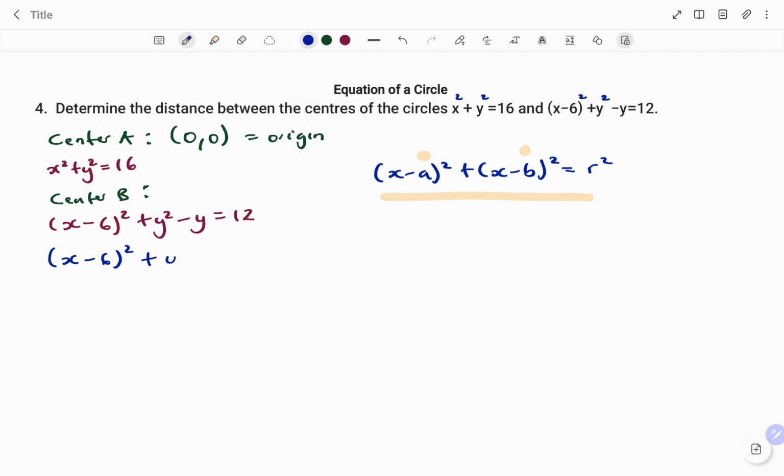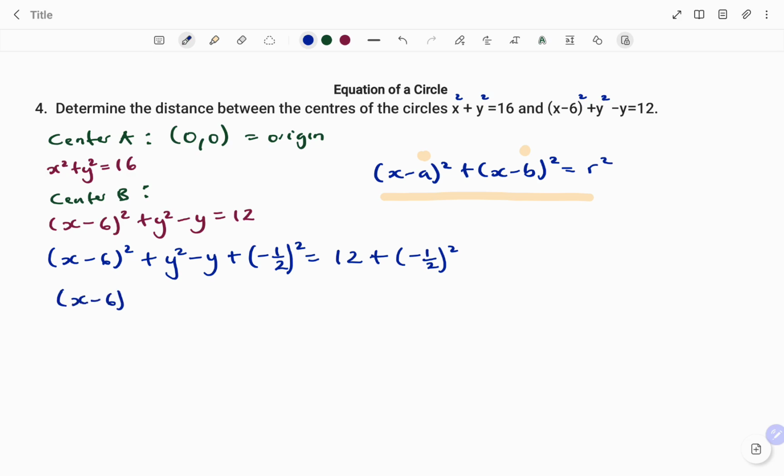What we're going to do is add the square of half the coefficient of y. So we add minus 1 over 2, the coefficient of y is 1, dividing that by 2 is 1 over 2, all squared, and whatever we do on the left, we do on the right. So we have 12 plus minus 1 over 2 all squared.